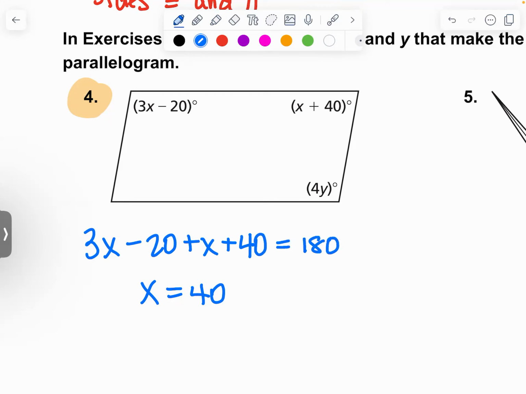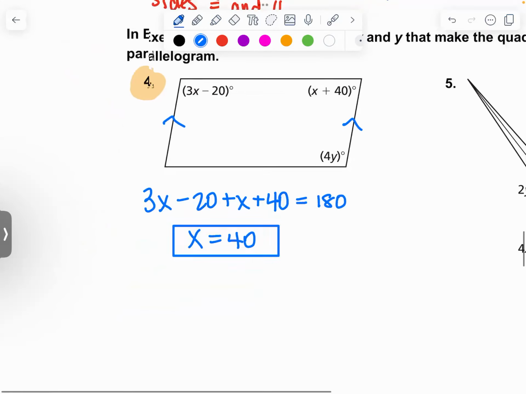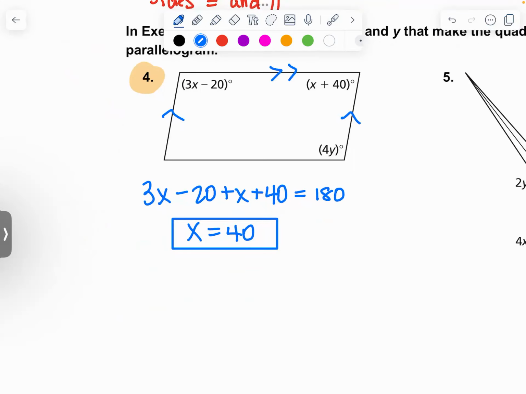So X is 40. Okay. If these are going to be parallel, we need these to be supplementary. Now, if we want a parallelogram, we also need consecutive angles or opposite angles to be congruent. So what is Y? Y equals 25.